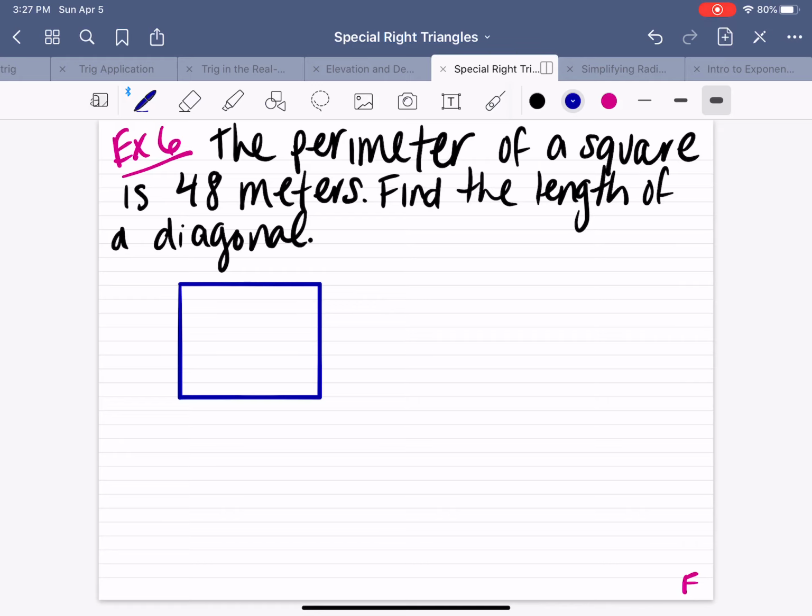And it says the perimeter is 48. So of course, 48 divided by 4 equal sides, you get 12. So in other words, this is 12, this is 12, this is 12, and this is 12. So the question is, find the length of a diagonal. In other words, find the length of this right here.